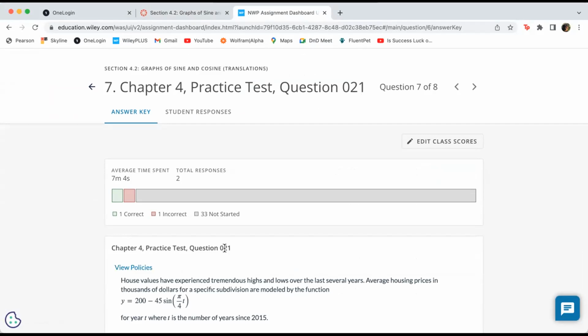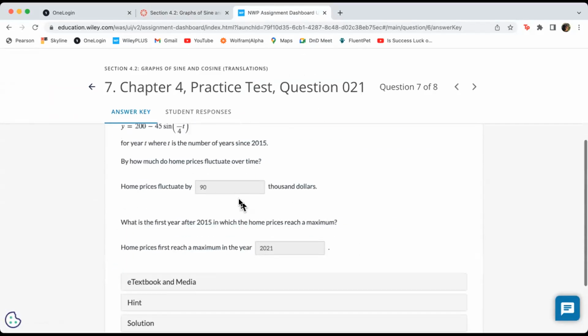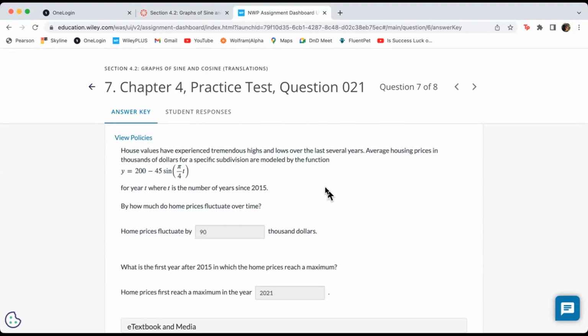So here's a similar problem. House values have experienced tremendous highs and lows over the past several years. Average housing prices in thousands of dollars for a specific subdivision are modeled by the function 200 minus 45 times the sine of pi over 4 times t.